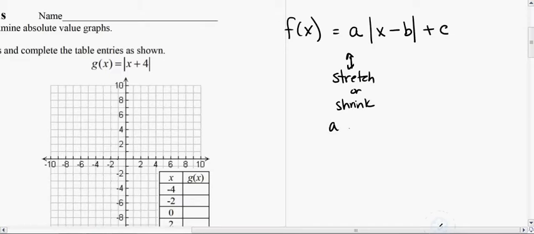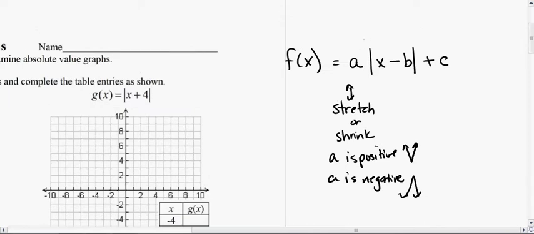And if A is positive, then my graph opens up. And if A is negative, my graph is flipped. It opens down. It's upside down. So that's the number outside the absolute value bars.